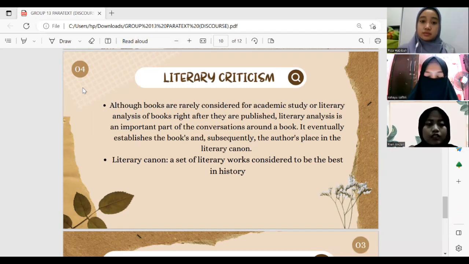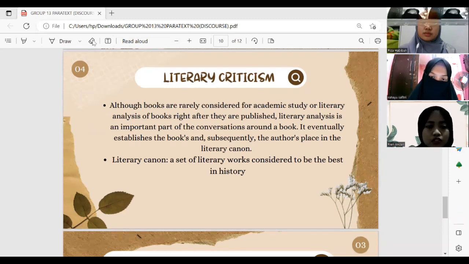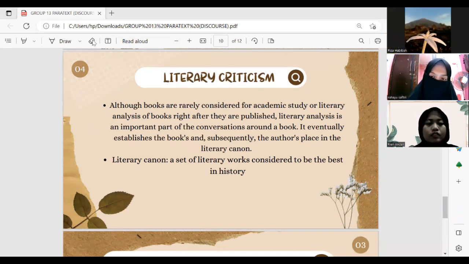element. It is literary criticism. Although books are rarely considered for academic study or literary analysis right after they are published, literary analysis is an important part of the conversations around a book, and it eventually establishes the book's and subsequently the author's place in the literary canon.